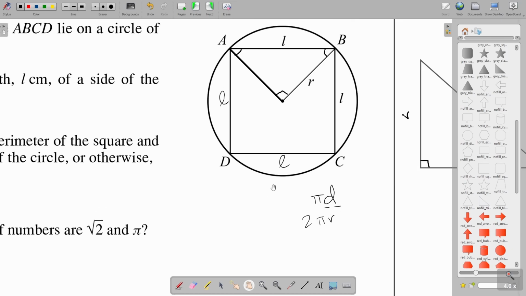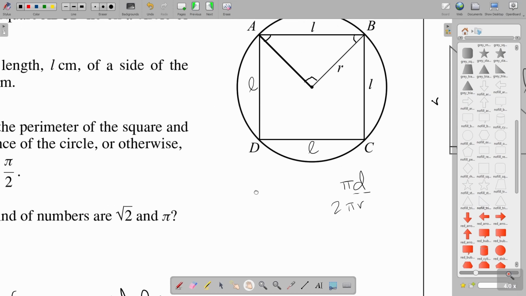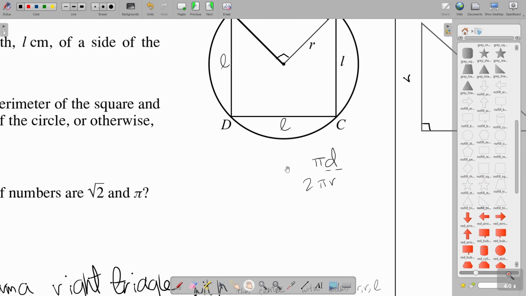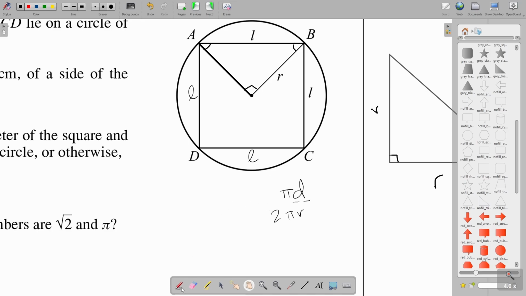So we simply need to show that one is bigger than the other, basically.